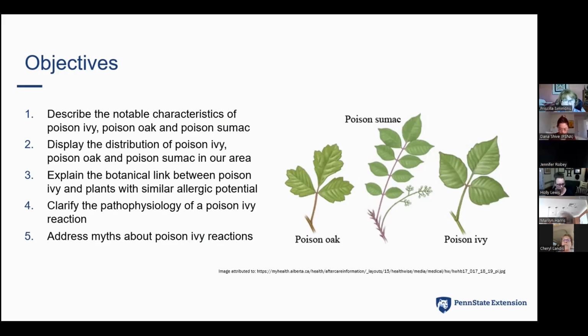I'm going to describe a little bit about the pathophysiology of a poison ivy reaction, and then lastly address some myths about poison ivy. And along the way, it's not an objective, but I'm also going to describe to you how you can control it and the best way for control.